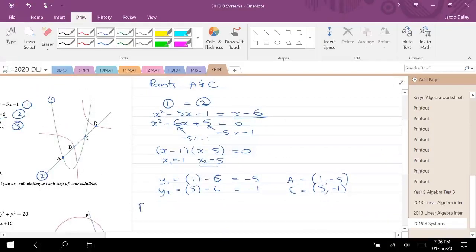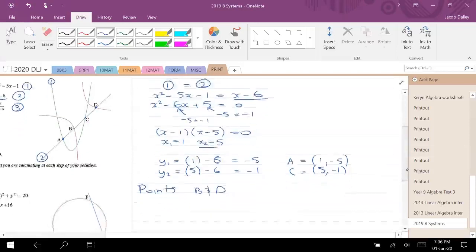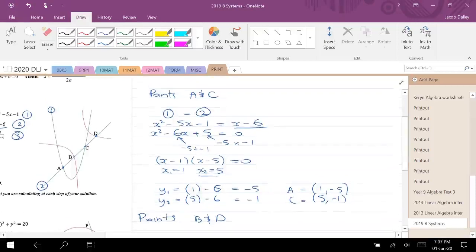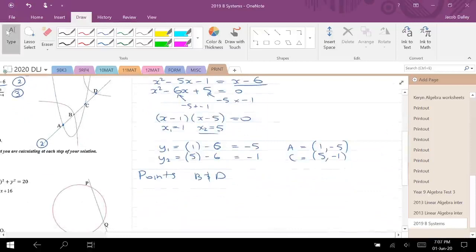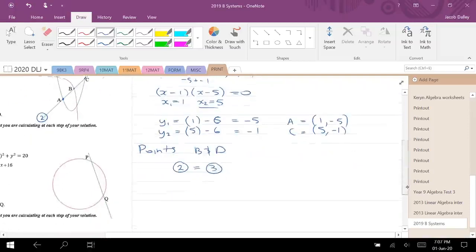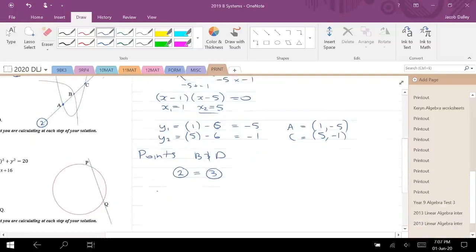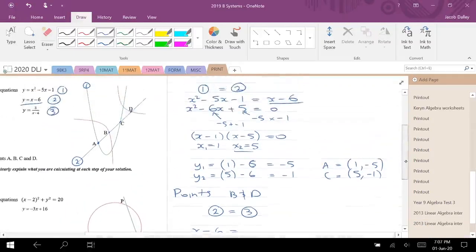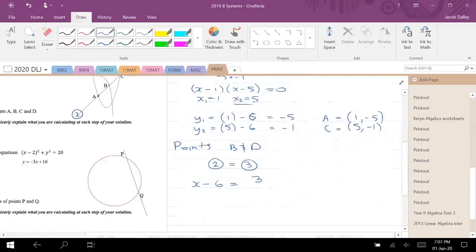We can solve for the other 2 points, points B and D, by setting the line equal to the hyperbola. So we're going to go to equation 2 equals equation 3. So x minus 6 is equal to, what was the equation? 3 over x minus 4.